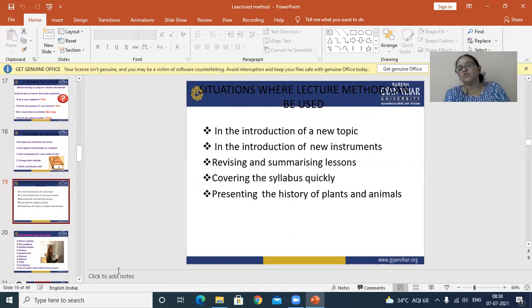Situations where the lecture method can be used: in the introduction of a new topic, in the introduction of new instrument, revising and summarizing lesson, covering the syllabus quickly.